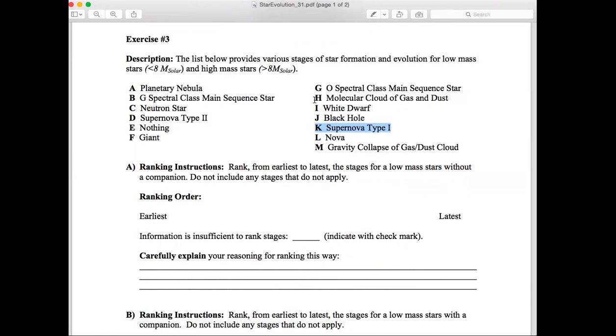So what did you say? You said H, and then M, and then G, right? The O spectral class main sequence star. That's good. So that's the high mass star. And then it's going to go through the giant phases, supergiant phases, whatever, and then it's going to go supernova. So it's H, M, B, F, then D, supernova type 2. And what is left behind from high mass stars?